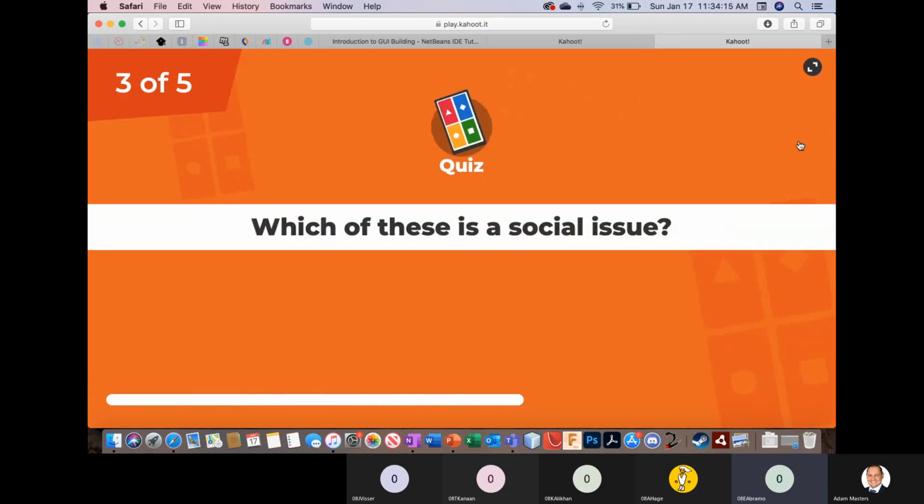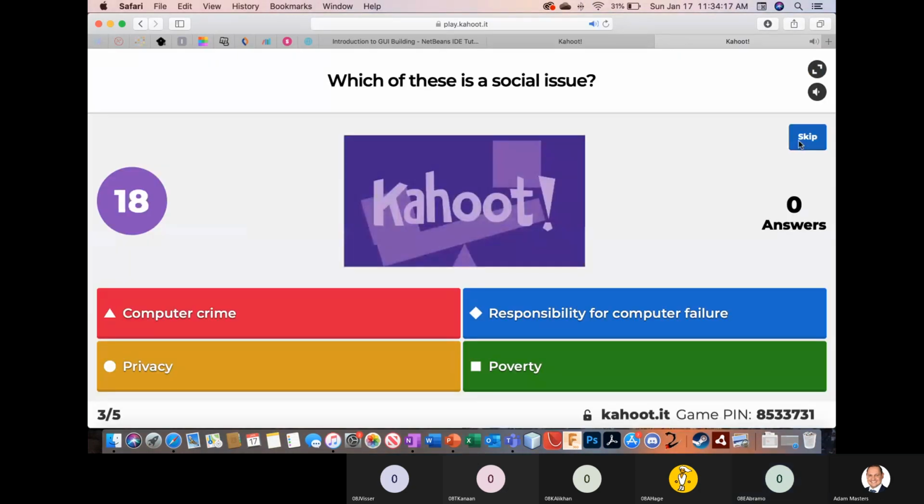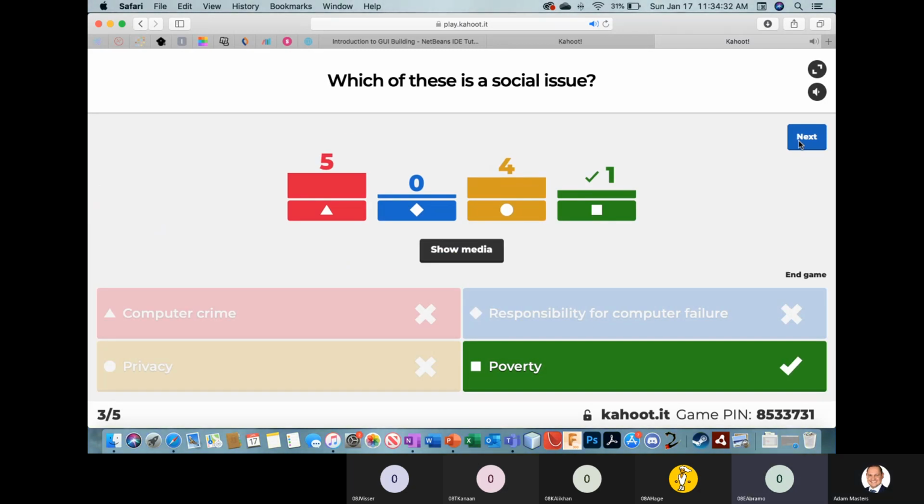Okay, which of these is a social issue? Remember, a social issue affects a wide group of people. Social. It's poverty. I mean, computer crime can affect a lot of people as well. Yeah, but computer crime is ethical because it can be right or it can be wrong. Responsibility for computer failure can be right or wrong too.